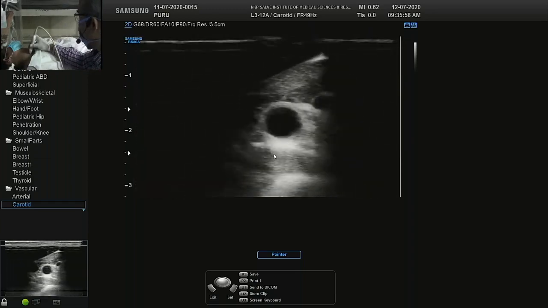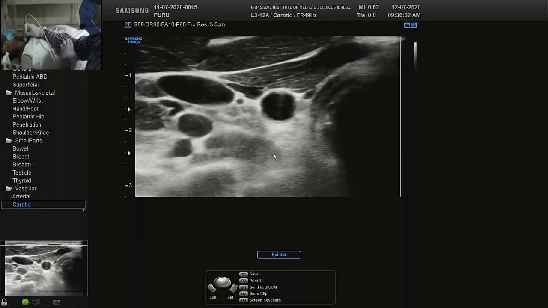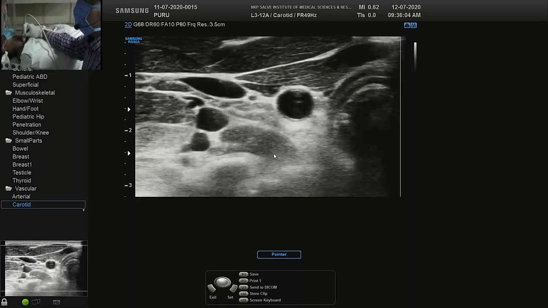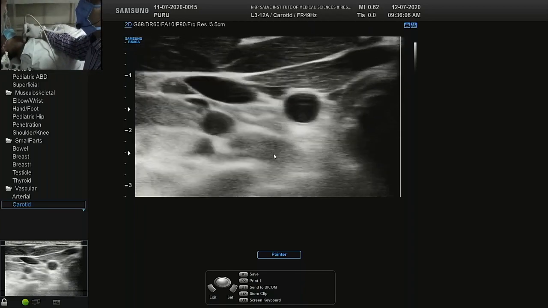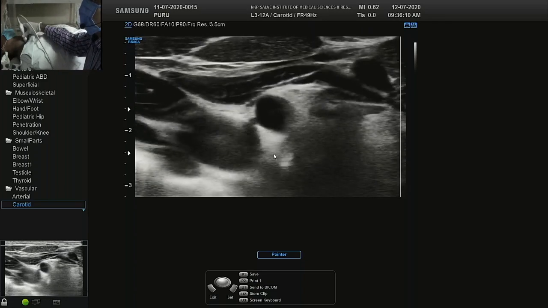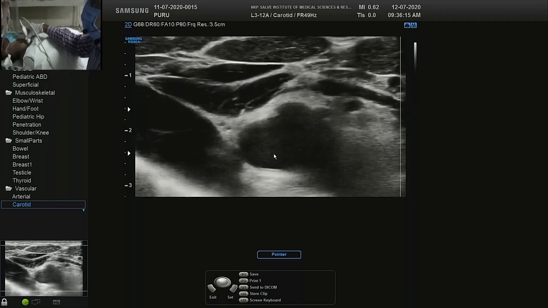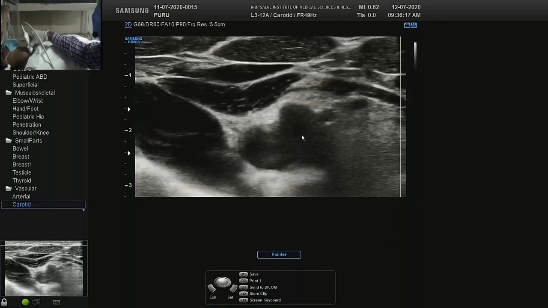Okay, I have rested my forearm on the patient's body, and I will use maneuvering by wrist only. So just insert the probe inferiorly behind the clavicle, and here you can see this.